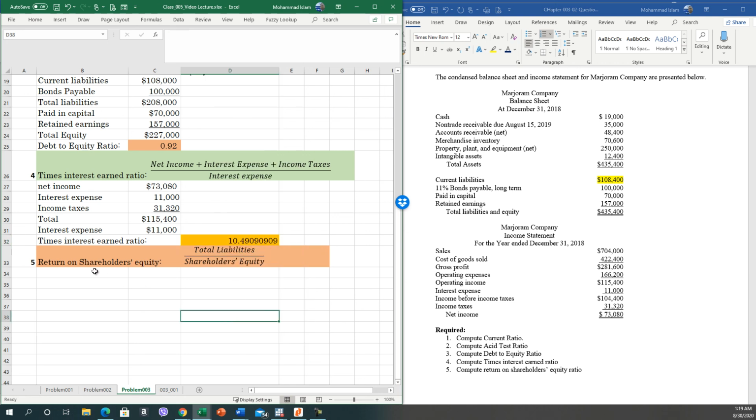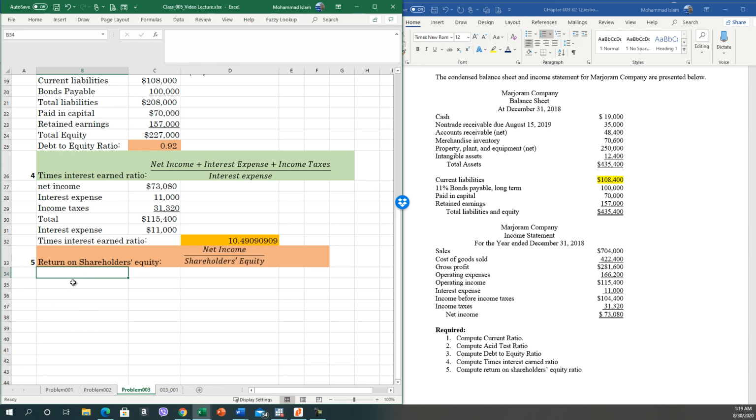Okay, and the return on shareholders equity, it's also easy. It means how much net income we have in comparison to shareholders equity. So it should be net income divided by shareholders equity.